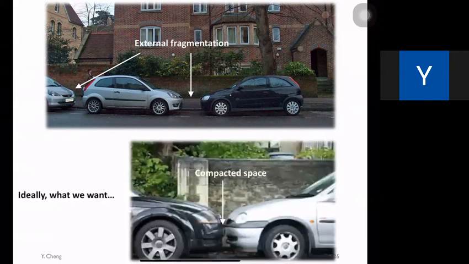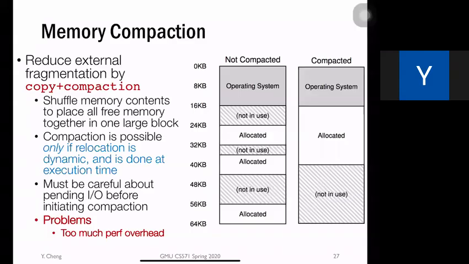Ideally, what we want is to minimize this external fragmentation, to minimize the wasted memory that could not be effectively utilized by a running program, just as shown in the picture on the bottom half of the slide. You have compacted space between different cars. Okay, so let's next talk about the second situation where you end up wasting performance, wasting time.